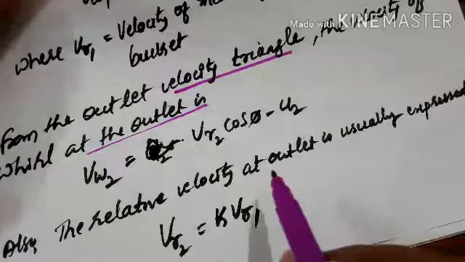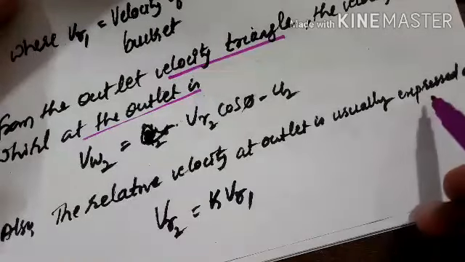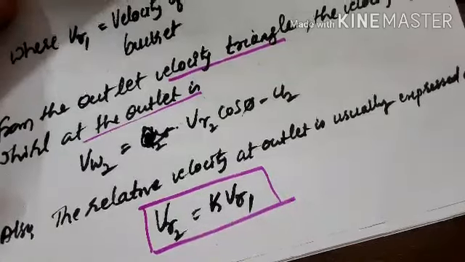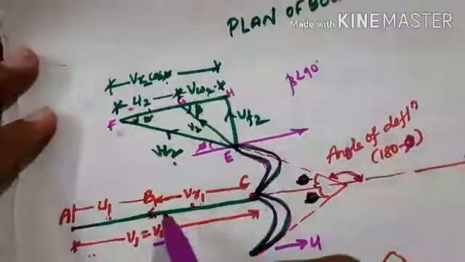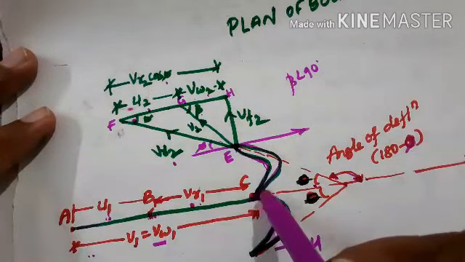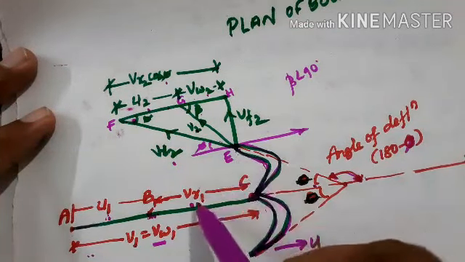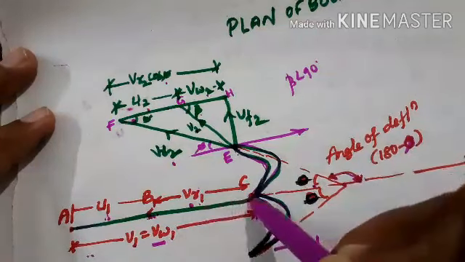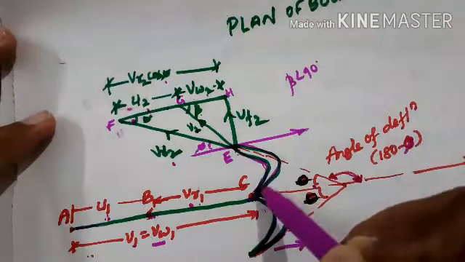Also, the relative velocity at outlet is usually expressed as Vr2 equal to k into Vr1. The jet enters into the blade passage as a relative velocity, and again it exits.